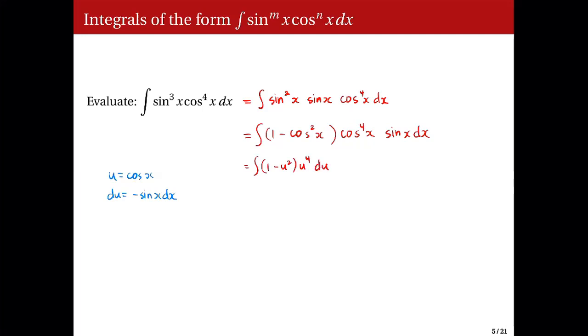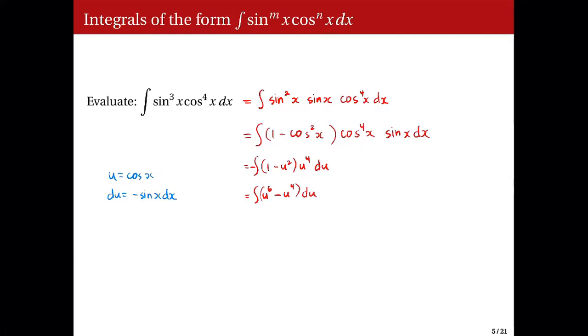Oops, there is a negative, so let's put the negative outside. Or we can distribute that negative together with the u to the 4. So you will have u to the 6 minus u to the 4 quantity du.